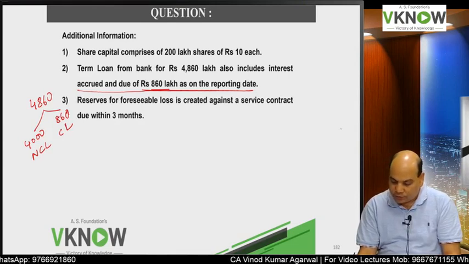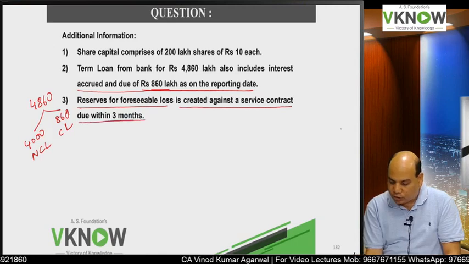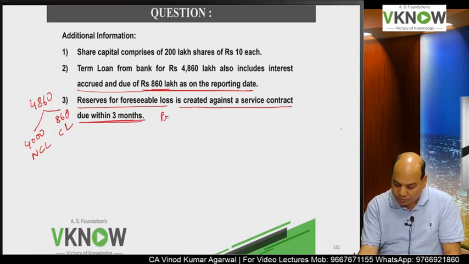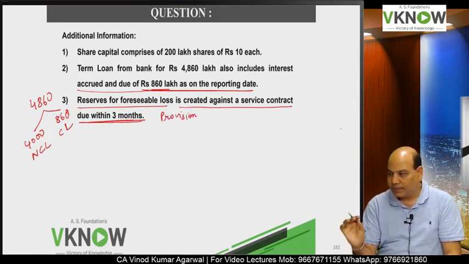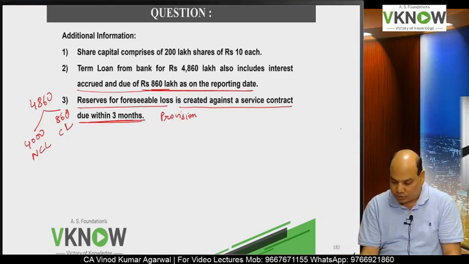Then next is reserve for foreseeable loss, created against a service contract due within 3 months. So this should come in provision. So we will remove it from reserve and put it under the head provision.